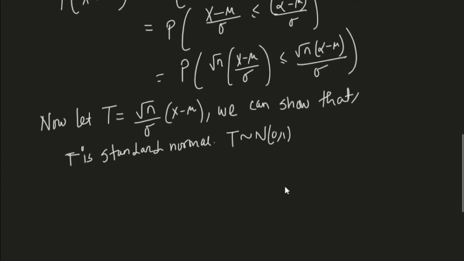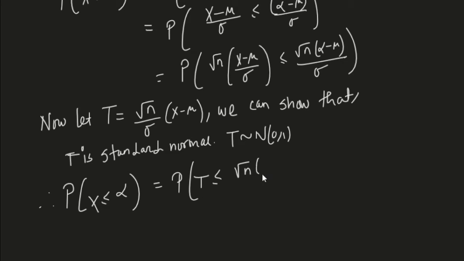So when this happens, therefore the probability of x less than or equal to alpha would just be the probability of t less than or equal to root n times alpha minus mu by sigma, right?